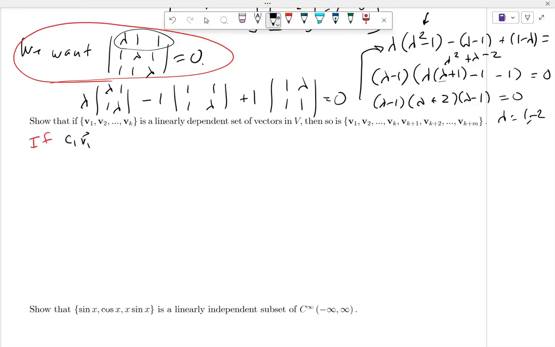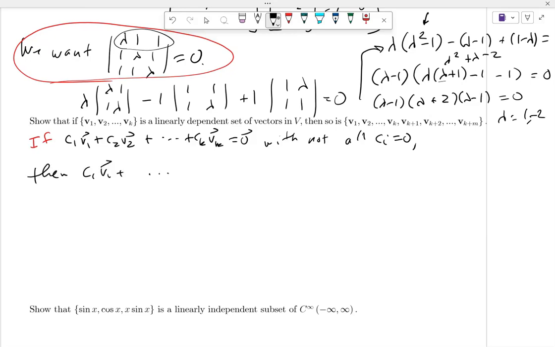So if you have C1 V1 plus C2 V2 out to CK VK is equal to 0 with not all of the Ci equal to 0, then C1 V1 out to CK VK plus 0 times the rest of them is still the 0 vector, isn't it?